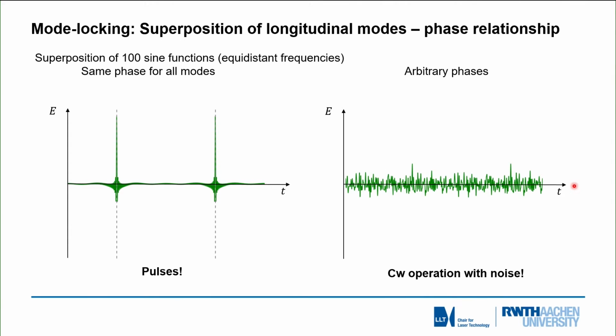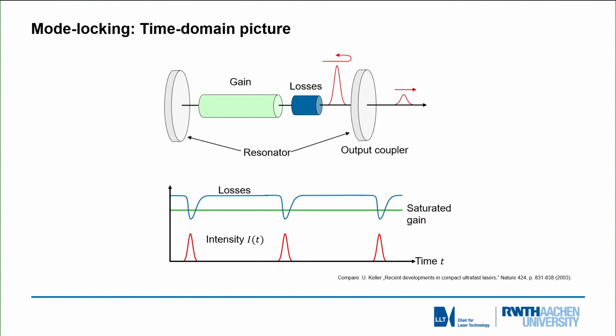So now then, how do we switch the modes such that they are emitted at one point in time? And the answer is obvious. If we again look at the resonator, we have a switch in here. Think of a saturable absorber. And the switch allows only from a certain intensity level on the pulses to go through.